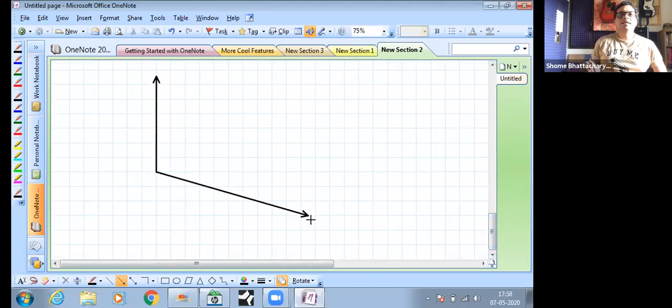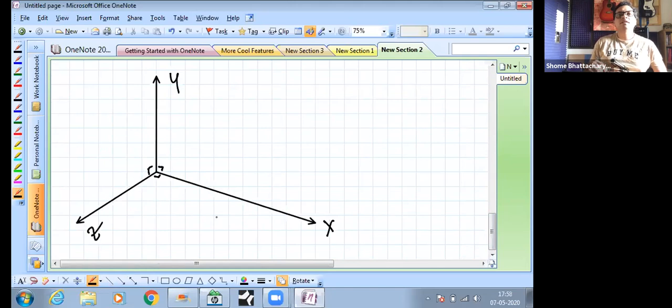If this is my x, y, and z axis, now you have to think in terms of 3D. You have to understand that these are mutually perpendicular. So here this angle is 90, here this angle is 90, this angle is also 90.